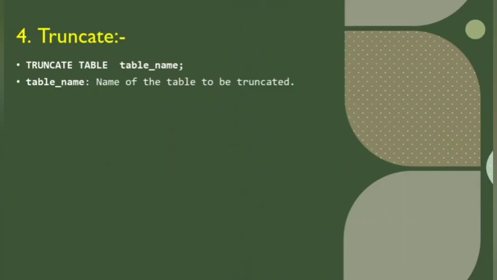But if you use truncate, it will delete all the records, but the spaces will be as usual. We are just truncating that particular table, the table will be there, but all the records will be removed. That is the only difference between drop and truncate.